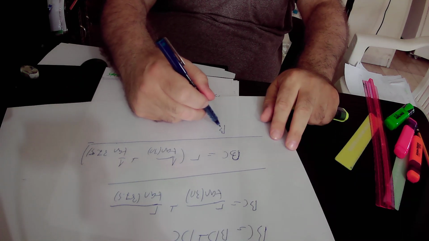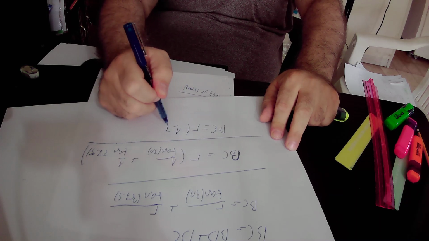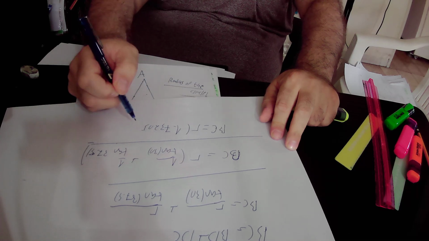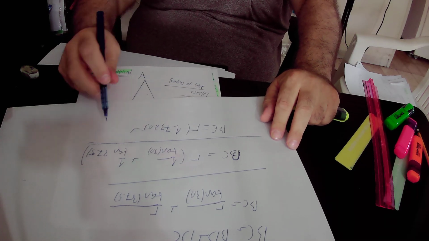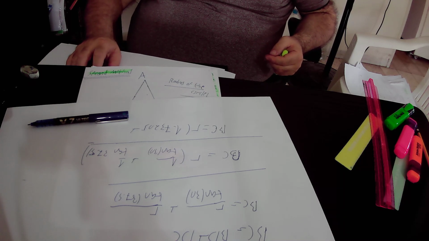So BC equals R times (1.73205 units plus 1 over tangent 37.5 degrees).